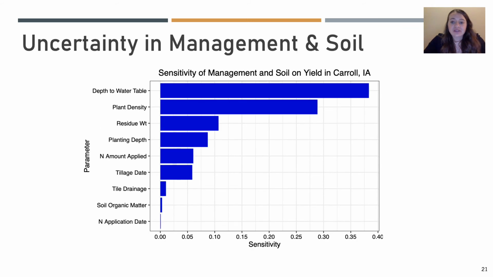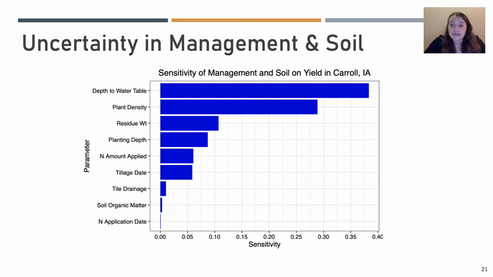Another explanation for the discrepancies between observed and simulated values can come from the uncertainty that's introduced when we don't have complete or accurate management and soil data, which is often the case with these large collaborative efforts like G2F. To illustrate this, I conducted another sensitivity analysis, this time for just 9 management and soil parameters. What I'm showing here is just one example of the yield sensitivity, in a Carroll, Iowa environment.